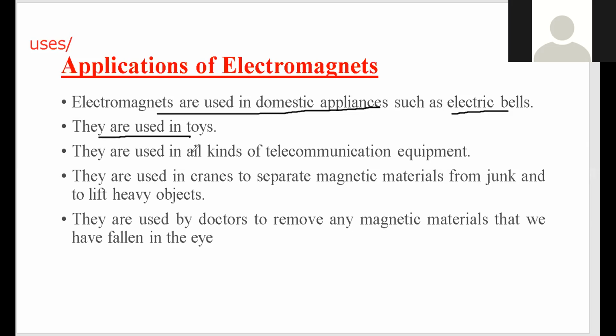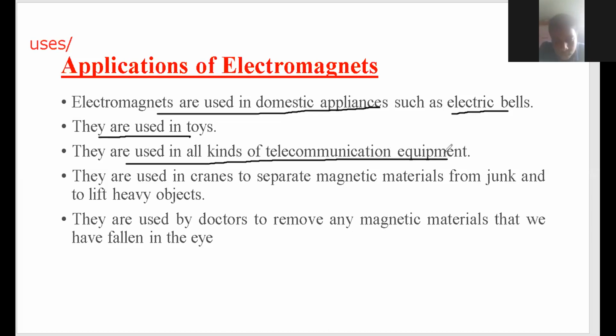The next one is they are used in almost all kinds of telecommunication equipment. Telecommunication equipment means the equipment used for communication from a distance. For example, the mobile phone that we are using. From a mobile we can easily communicate with someone who is far, right? Even in a mobile there are small electromagnets fixed in it.